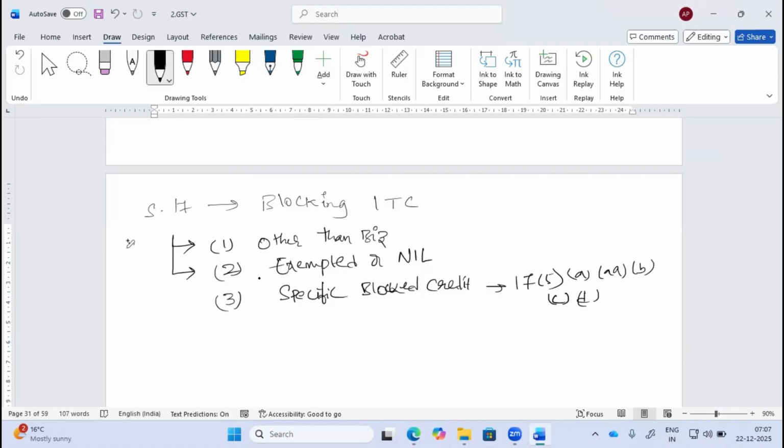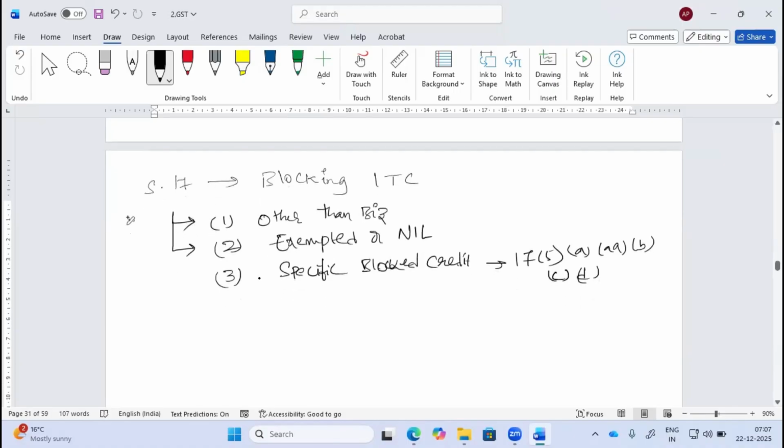All those things are specified block credits. Then if anything of these three are there, this will be out of your total input tax credit. This they call as T4.